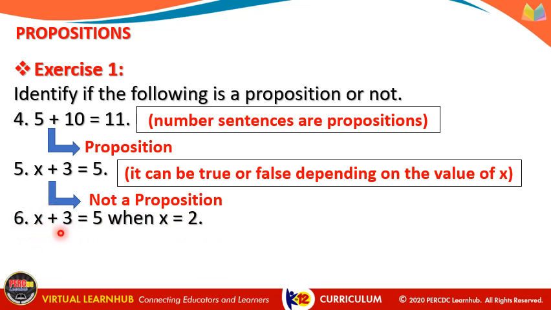Therefore, this is a true statement because it is true that when x is 2, x plus 3 is equal to 5. Since this is definitely true, then this is a proposition. Alright, so I hope it's clear to us if a given statement is a proposition or not.